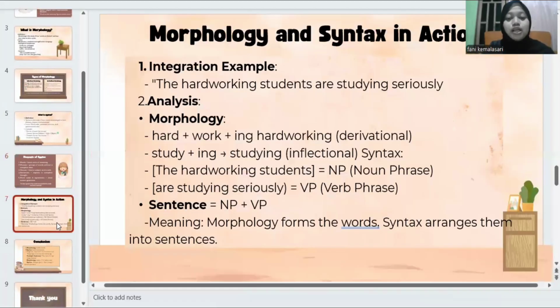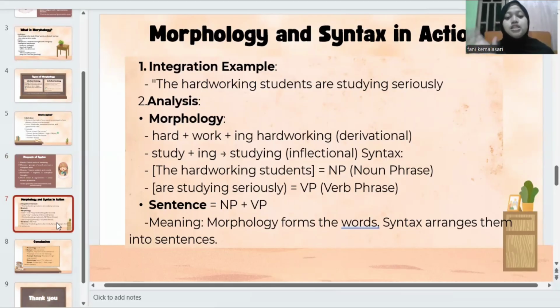There is morphology and syntax in action. Now let's see how morphology and syntax actually work together. Example, the hardworking students are studying seriously. The morphology part, the first there is hard plus work plus ing, hardworking, derivational. And the second there is study plus ing, studying, inflectional. And the second, there is syntax part.